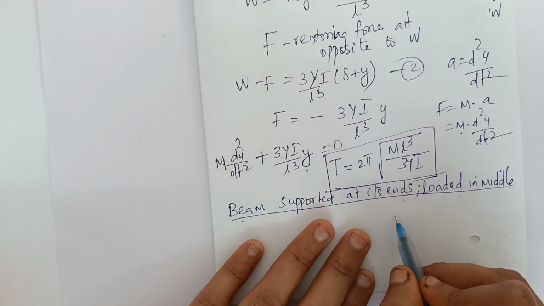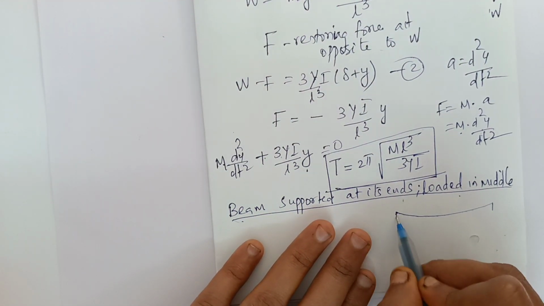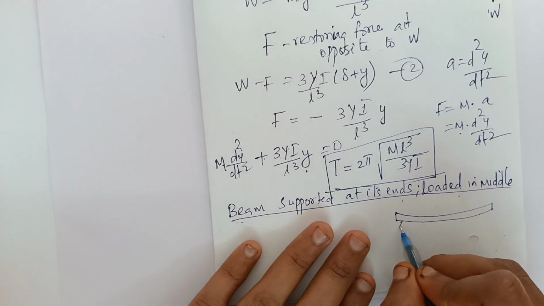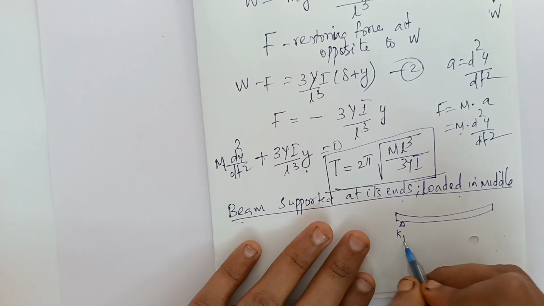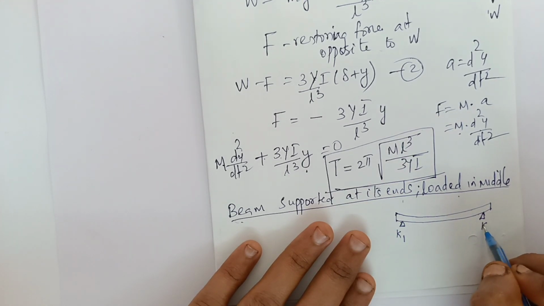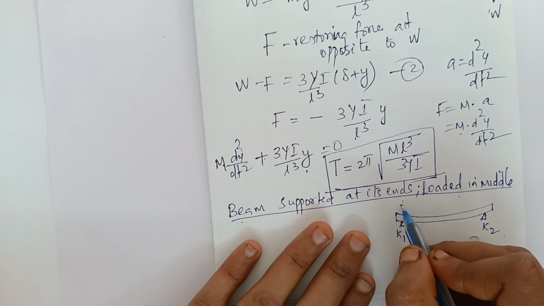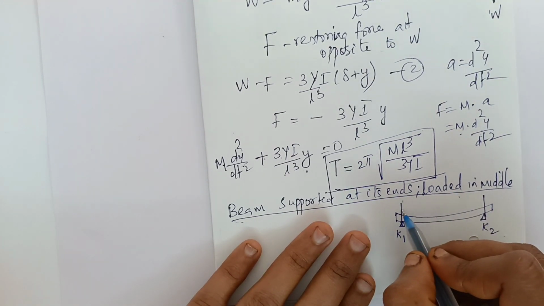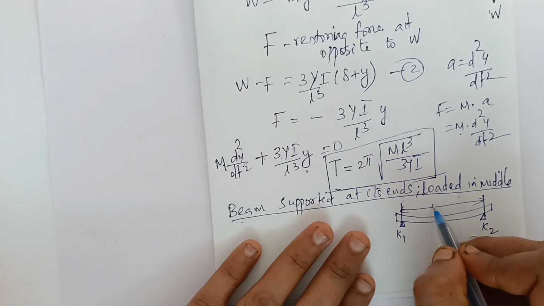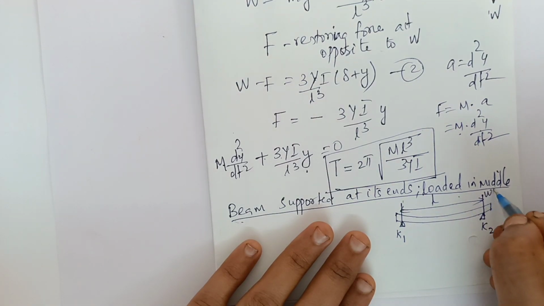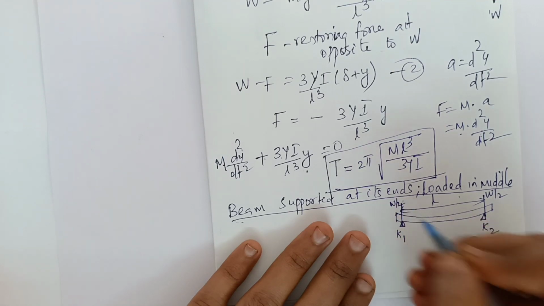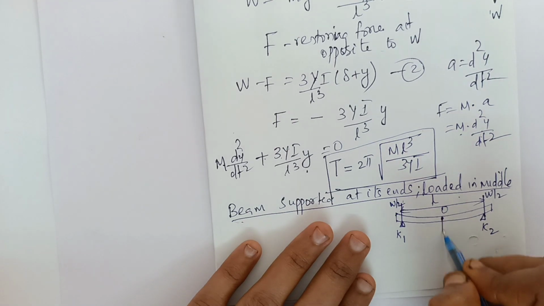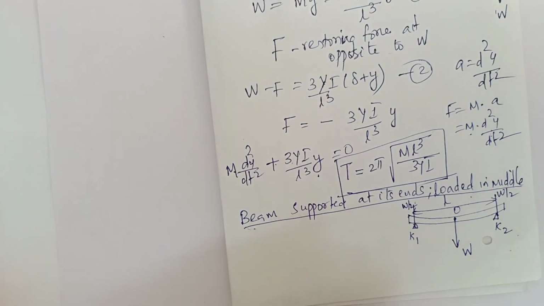See, now we can study beams that are supported at the ends and loaded in the middle. That is, we have a beam, loaded in the middle with W, with supports at K1 and K2.